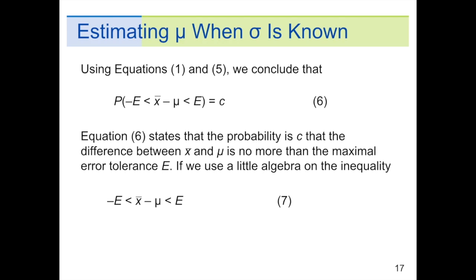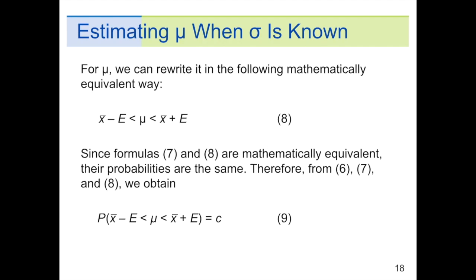If we use a little algebra on the inequality for mu, we can rewrite it in the following mathematically equivalent way. X bar minus E is less than mu is less than x bar plus E. Since formulas 7 and 8 are mathematically equivalent, their probabilities are the same.